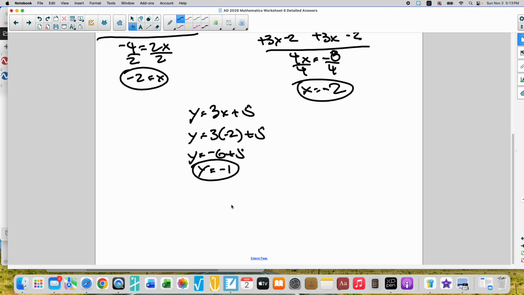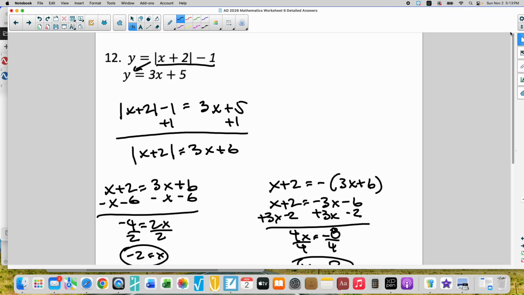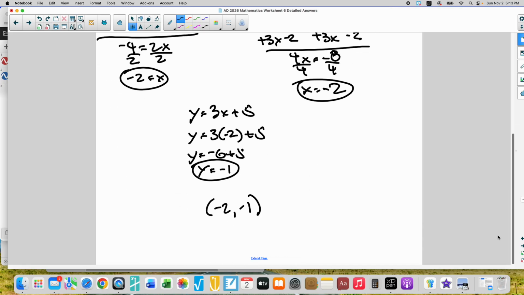So my coordinate is negative 2, negative 1. That's correct. That works. So that is the solution.